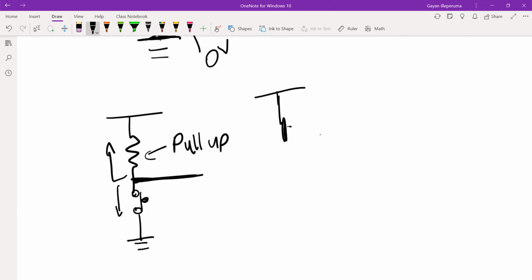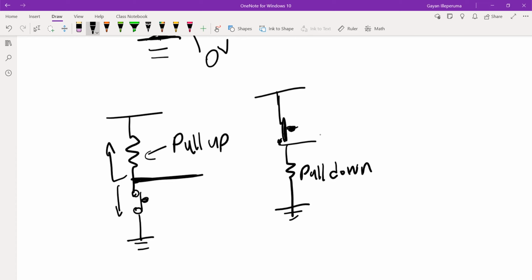Or you have the opposite way. You have the switch or whatever here. You have the pull down resistor. Right? So those two types of resistors are very important.